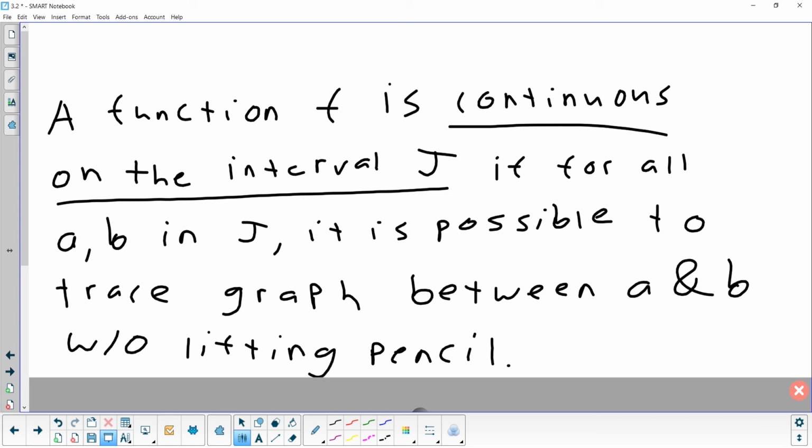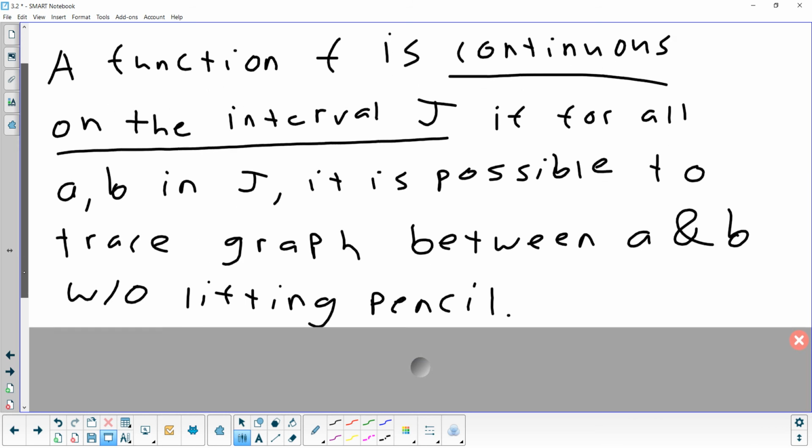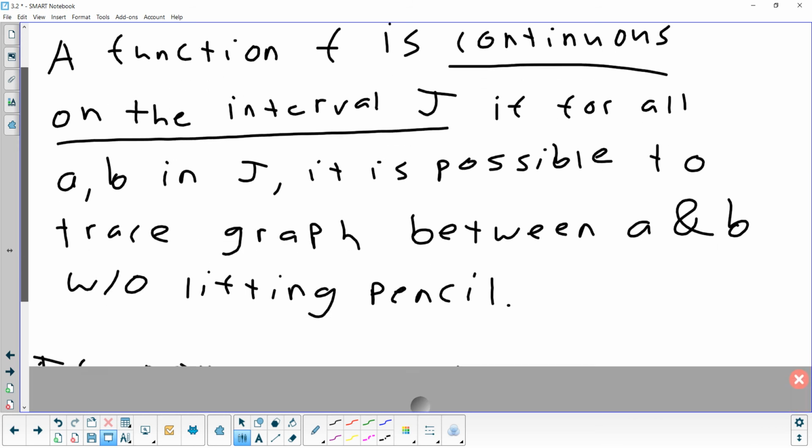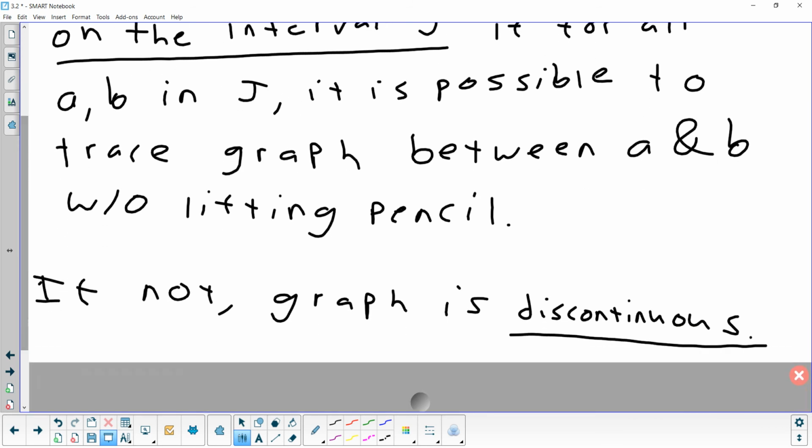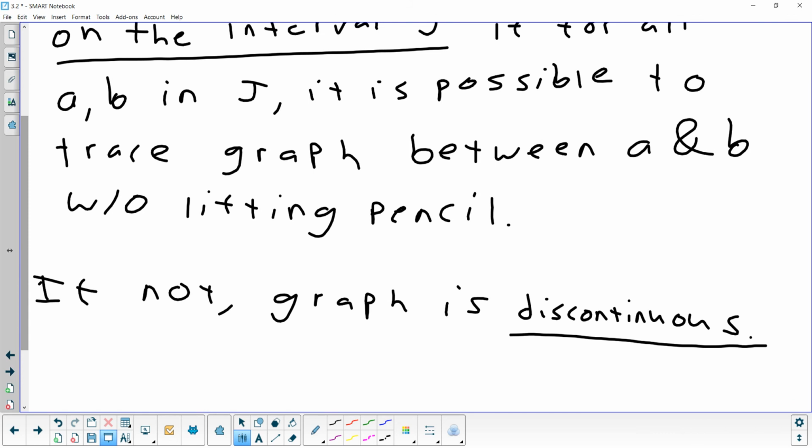If that is true, then we can say between points A and B, we have a continuous function, at least between points A and B. If you can't do that, then the graph is what we call discontinuous over that interval.